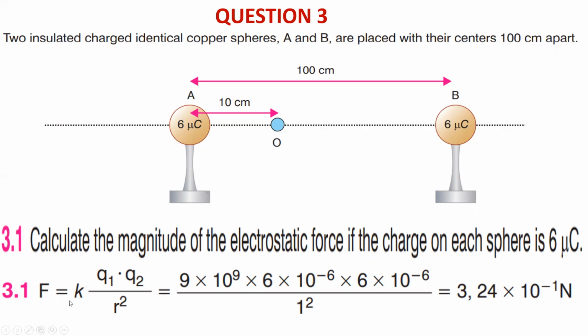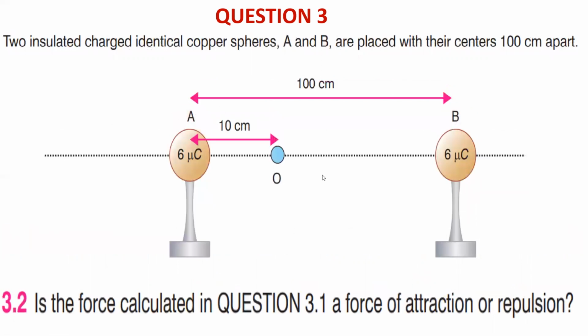So F equals K times Q1 times Q2 over R square. K is 9 times 10 to the power of 9. Q1 is 6 times 10 to the power of negative 6. Q2 is 6 times 10 to the power of negative 6, over 1 square. So you are getting the force between charges. I hope it's fine.